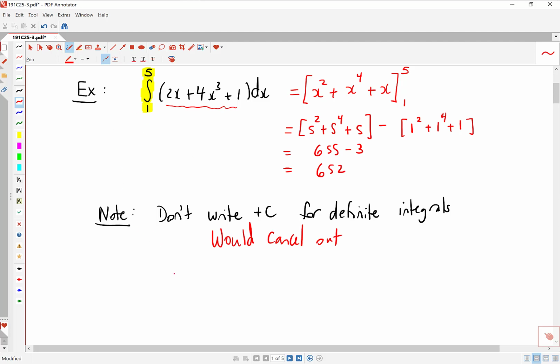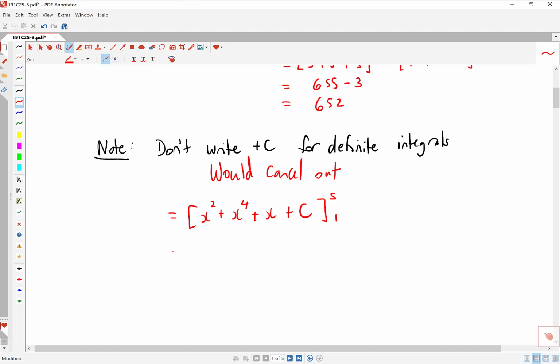If we had calculated our antiderivative and said it's x squared plus x to the fourth plus x plus c, and then we evaluated that at 5 and then at 1, our calculation would look like this. We'd have 655 plus c, and then we would subtract off the value at 1, which would be 3 plus c. So those c's would just cancel right out, and you would end up with the same answer as before, which is 652.